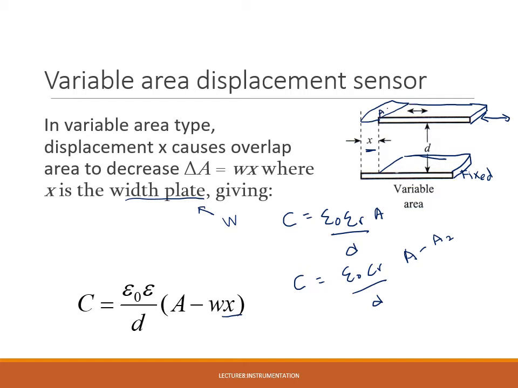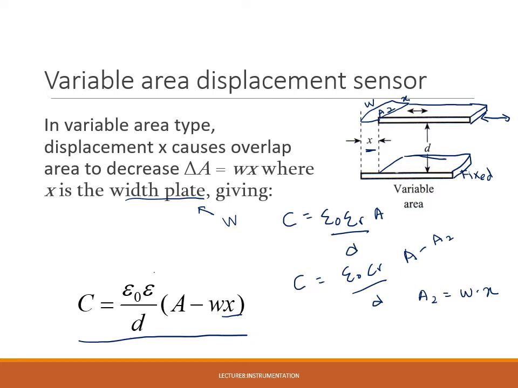Initially it is A, then minus A2, where A2 can be calculated by width multiplied by x. This is width, this is x. So A2 is width multiplied by x.